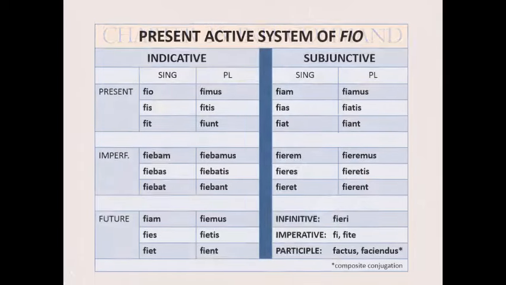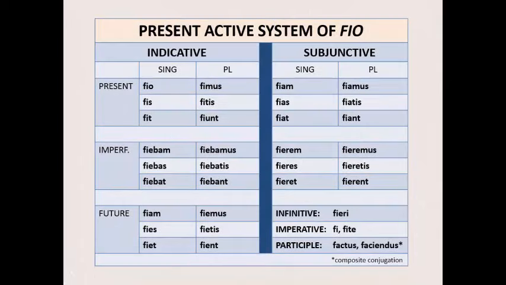Here's a chart with all the present system forms of fio you need to know. The present indicative is fio, fis, fit, fimus, fitis, fiunt, meaning I am made or become, you are made, he is made, and so on. Put a star next to fit. It's used a lot in Latin in the sense it happens. The imperfect is all but completely predictable.